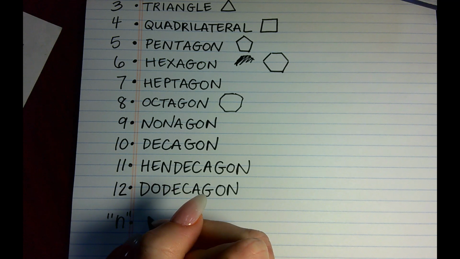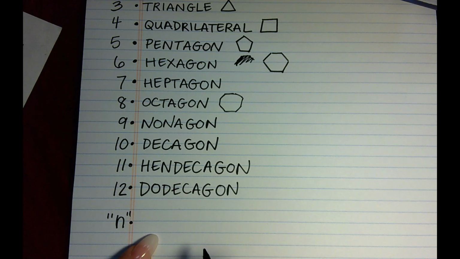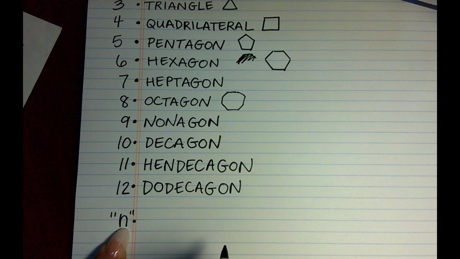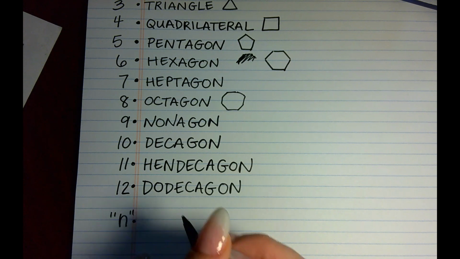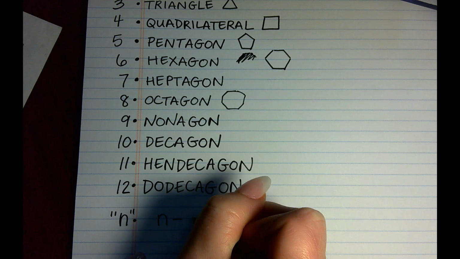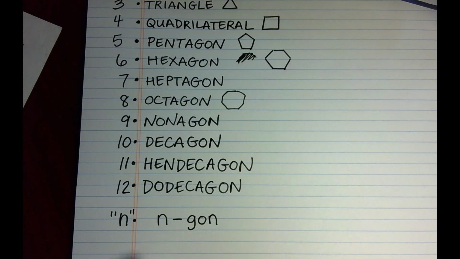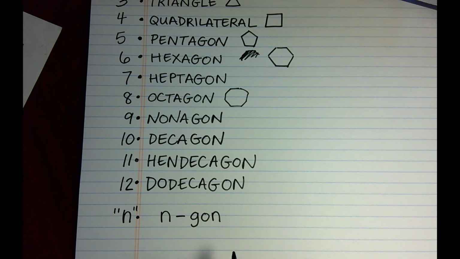If you want to know the name of the polygon with N sides, it is just called an N-gon. You just replace the N with the number you want to use. So, what is a 100-sided shape? A 100-gon. That's it.